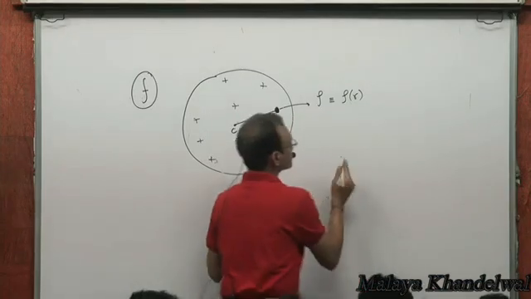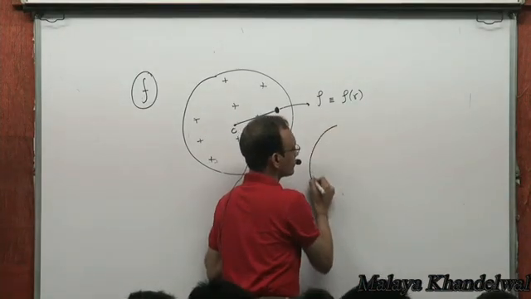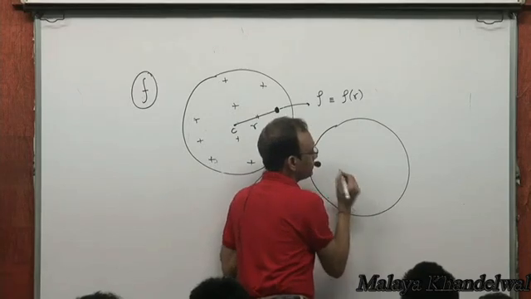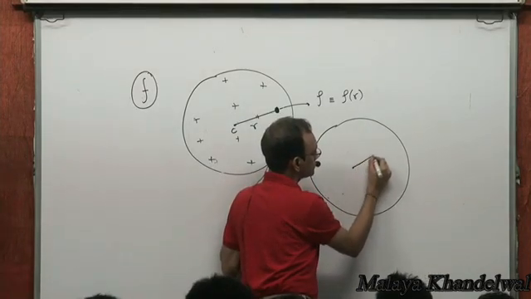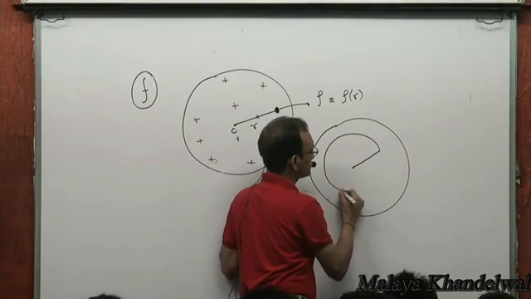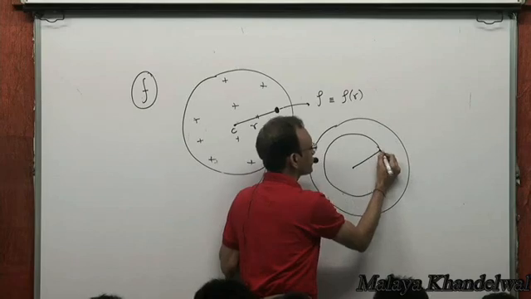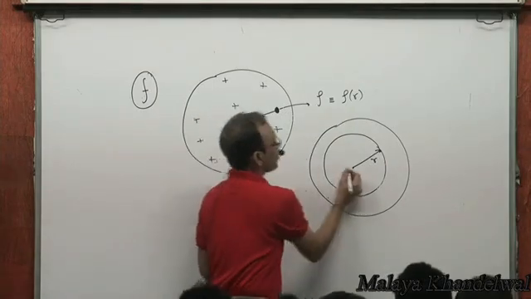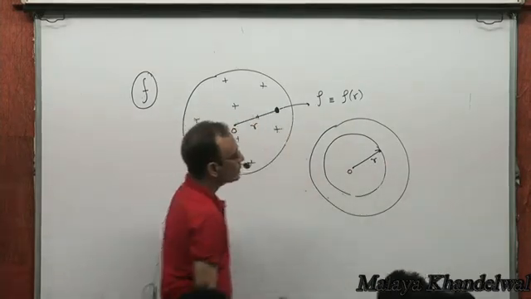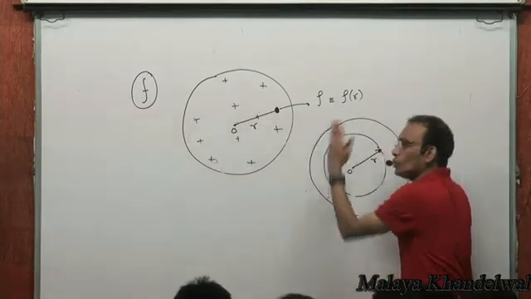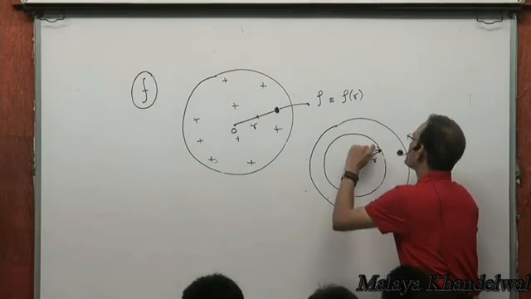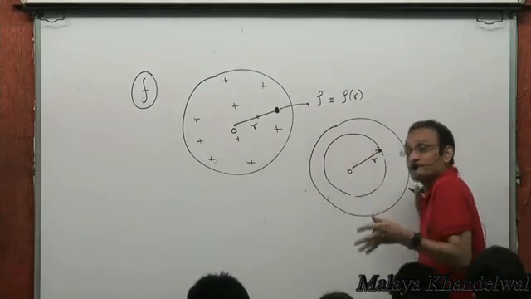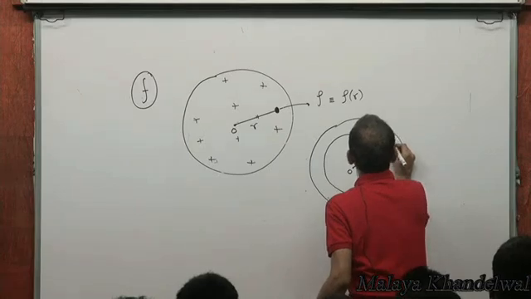Now, see, if I think of a sphere in this region of radius small r. Then, since rho depends only on distance, you would expect E to be, of course, E is given to be numerically the same at all points, and because of symmetry considerations, E would be radially outwards at every point.